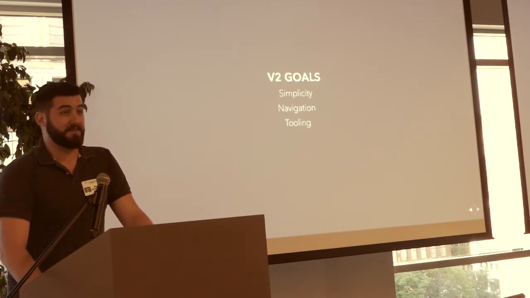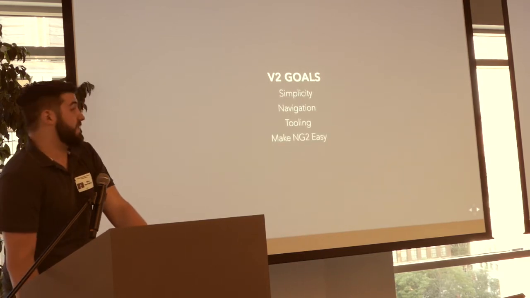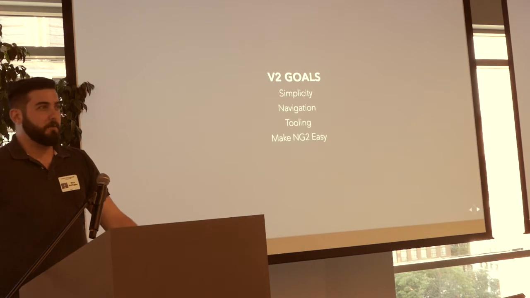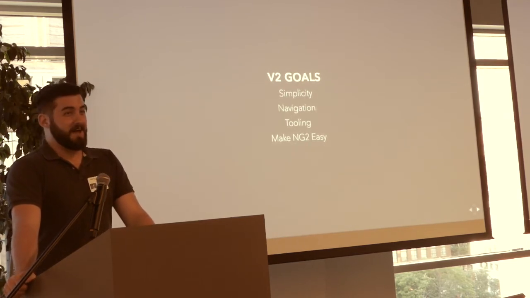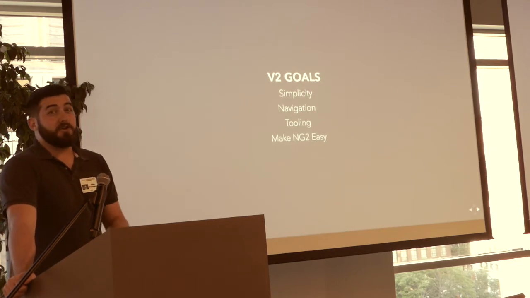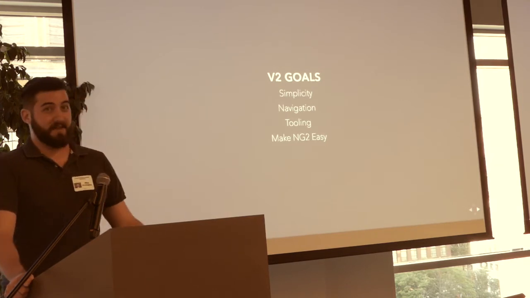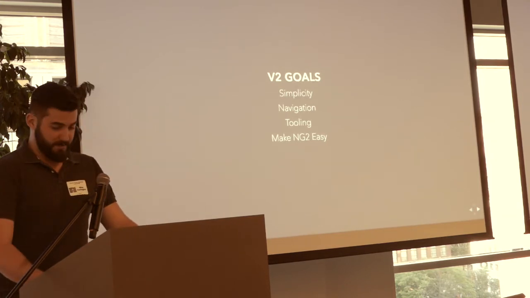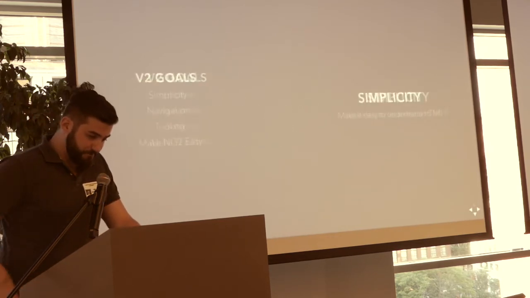So we wanted to provide something that at least makes some sense of it. Oh yeah, and that whole NG2 thing. We wanted to make Angular 2 so much easier to learn. I think it's safe to say before I started working on Ionic 2, I knew zero Angular 2. And now I can safely say that I think I know a little bit. So even building the framework has helped me learn.